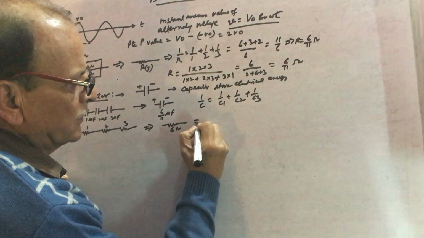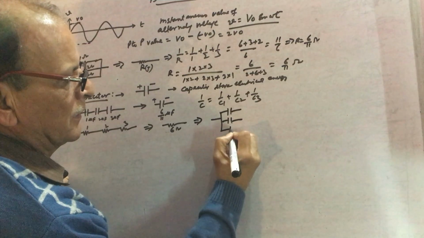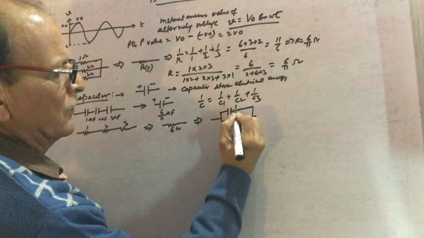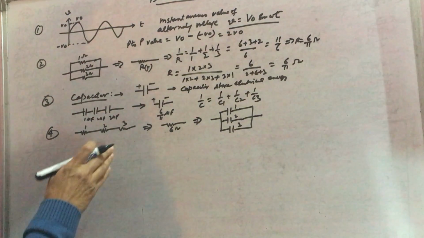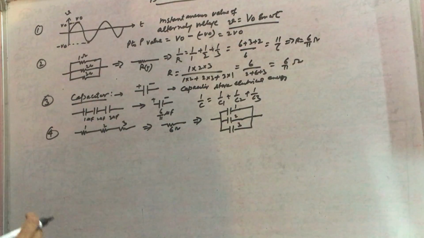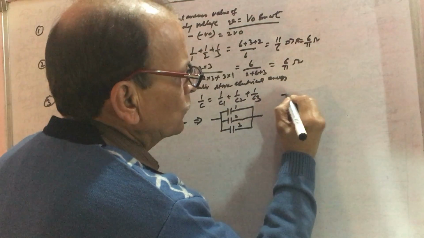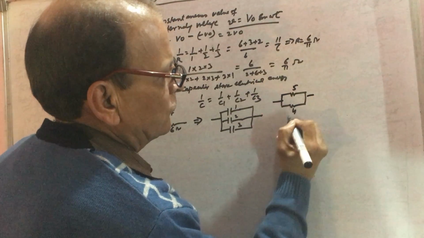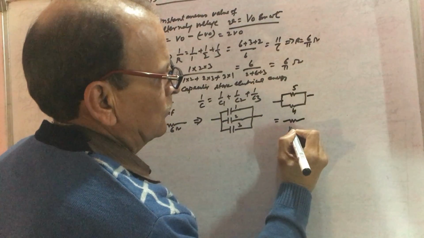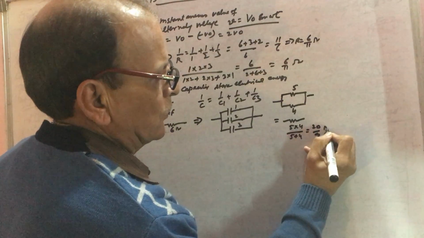And for capacitors connected in parallel, 1, 2, 3, these are simple, basic formulas for capacitor and resistance. So one must know them. If two resistances are connected in parallel, then directly we can find the total value: 5 into 4 over 5 plus 4, which is 20 over 9 ohm.